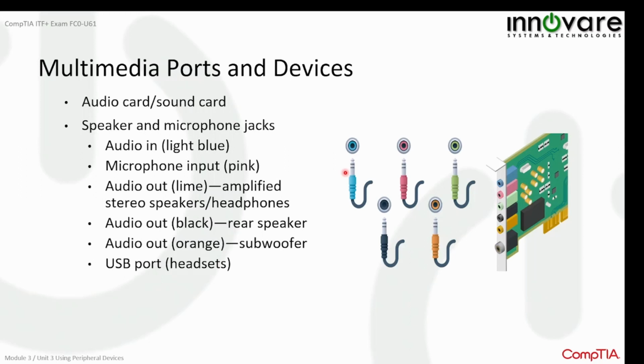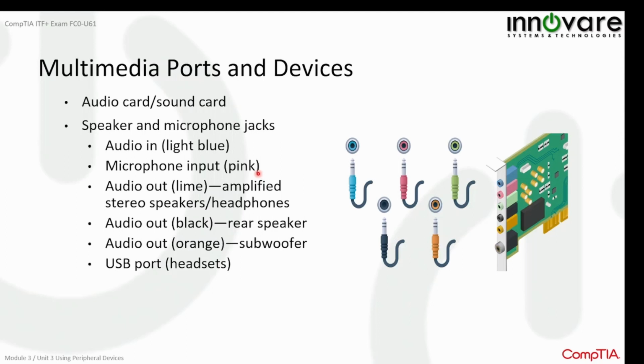And then the line out, these are the stereo speakers, or you can have stereo headphones too. This is output, where the sound comes out. Amplified is the one with boosters, with bass. And then if you want surround, there are speakers you need to put at the back, the rear speakers, and that goes to the black interface.